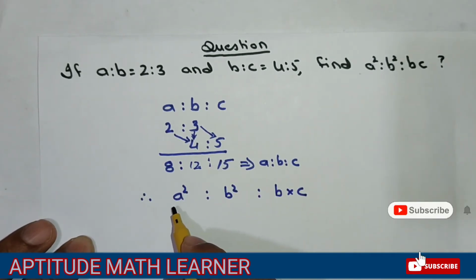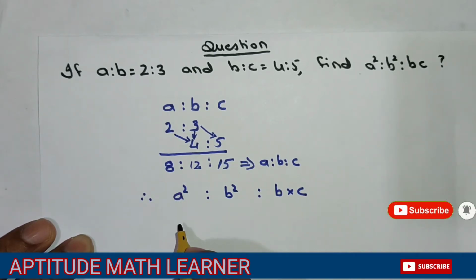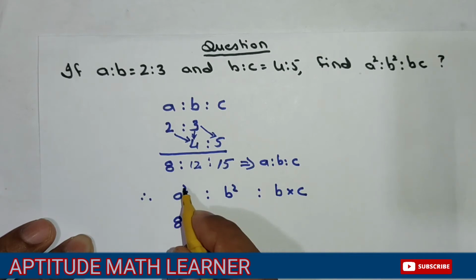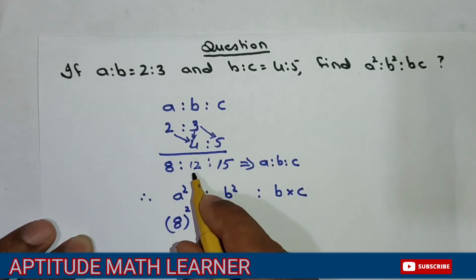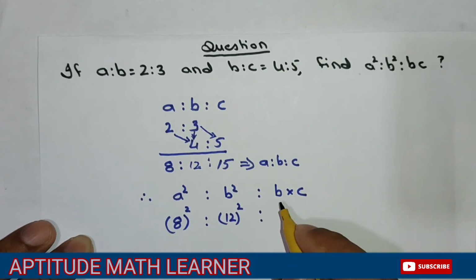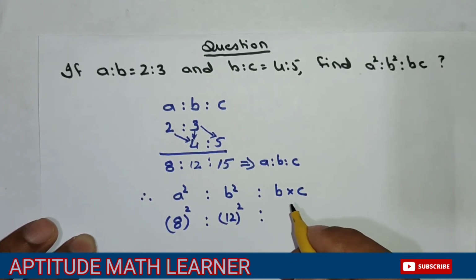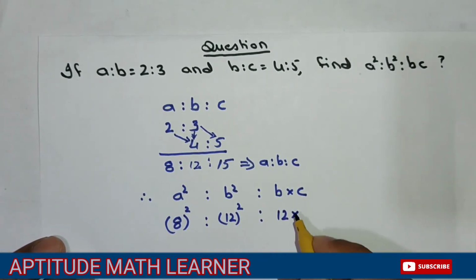Here we are having the value for A, that we have just found, that is 8, so we write 8 and put square upward. The value of B we are having is 12 whole square, and B is to C: B is 12, so 12 multiplied by C, and this value of C is 15. I hope you have understood.